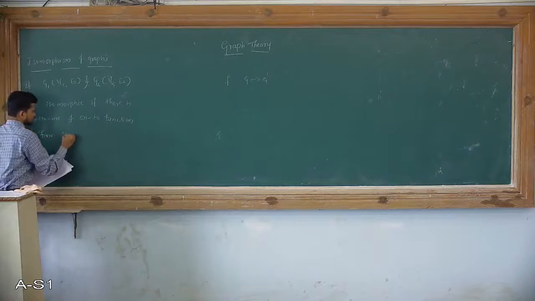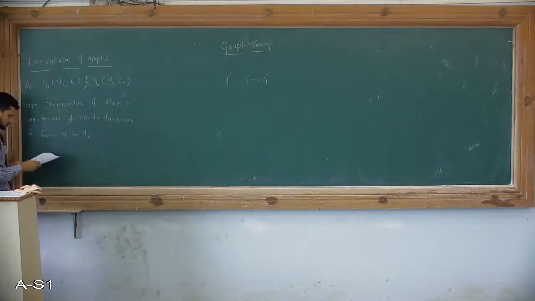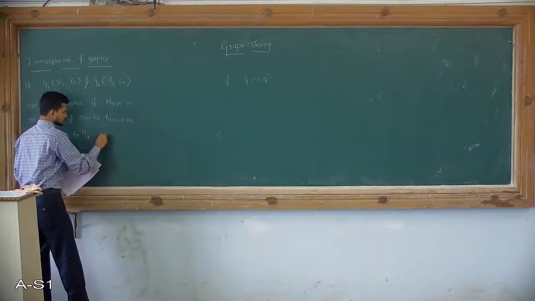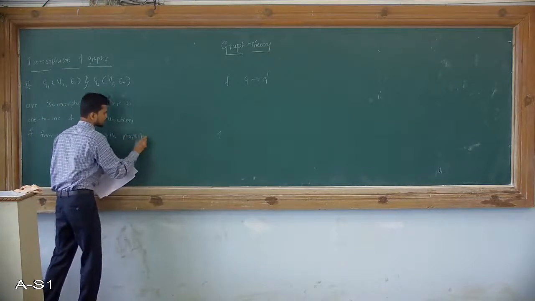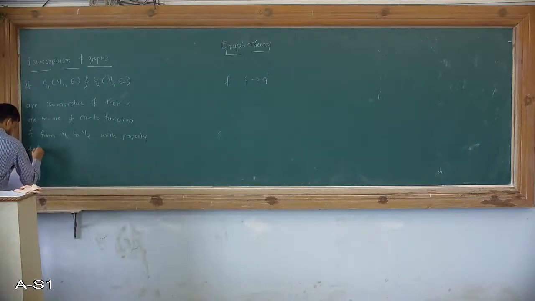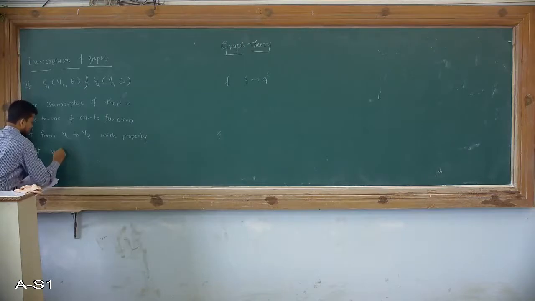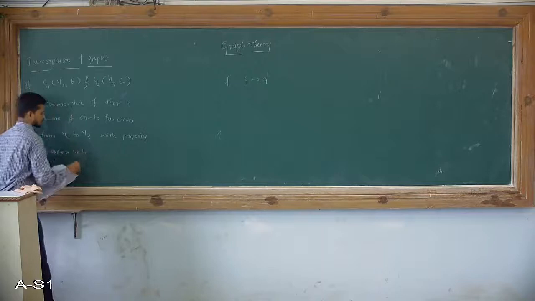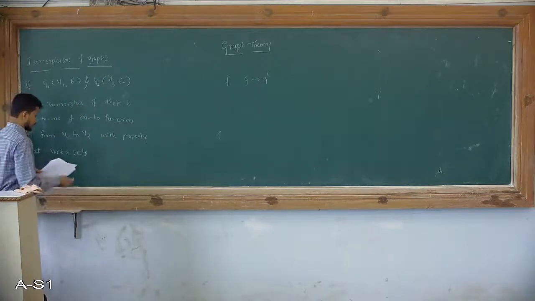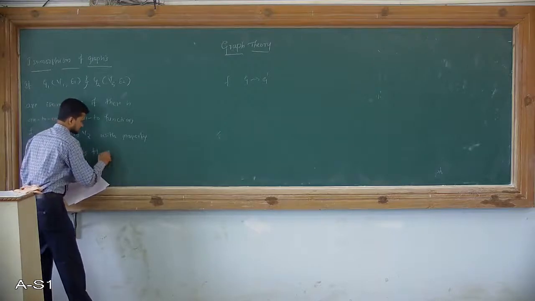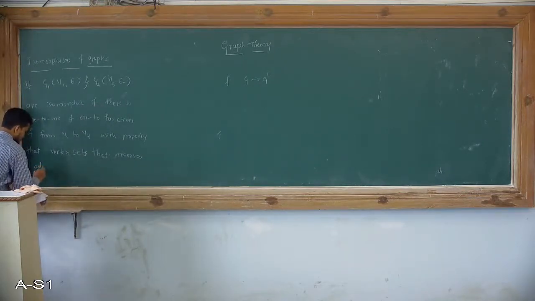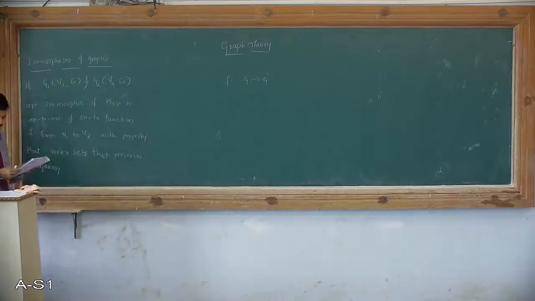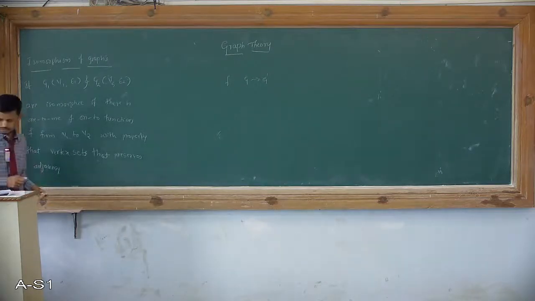from V1 to V2 with the property that the vertex sets, here sets means V1 and V2, preserve adjacency.